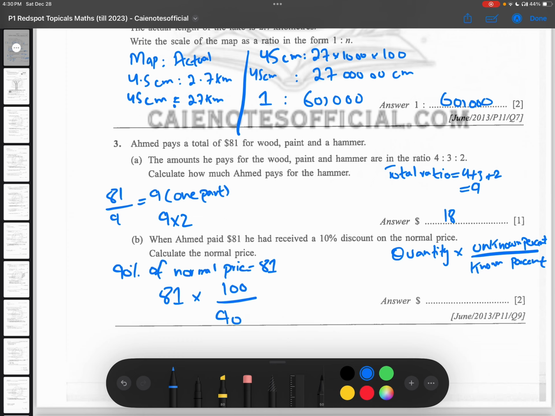So when 81 is cancelled with 90, this is 9, this is 10. And 100 upon 10 is 10, and 9 multiplied by 10 is 90. The actual price was $90. After receiving a discount of 10%, he paid $81.